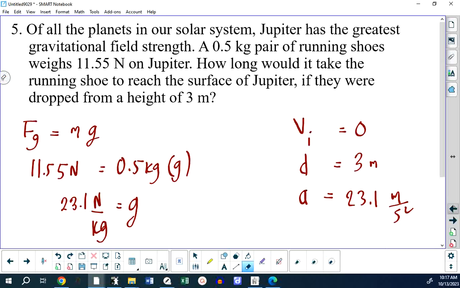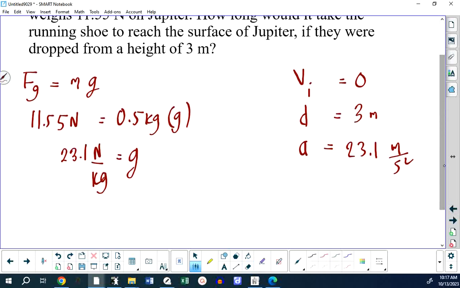It's a straight kinematics formula. We're going to use d equals a half a t squared. So you'll have 3 equals 1/2 times 23.1 times t squared.